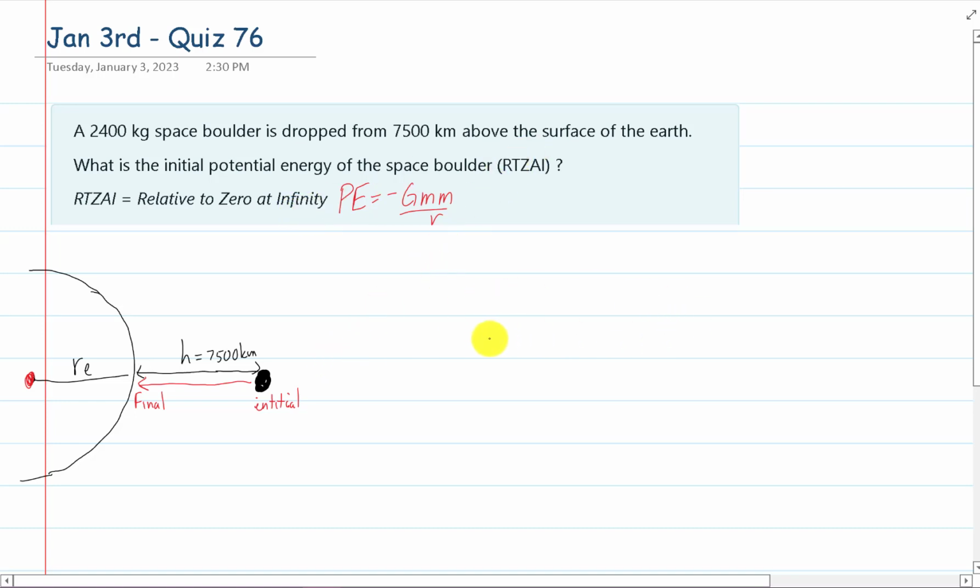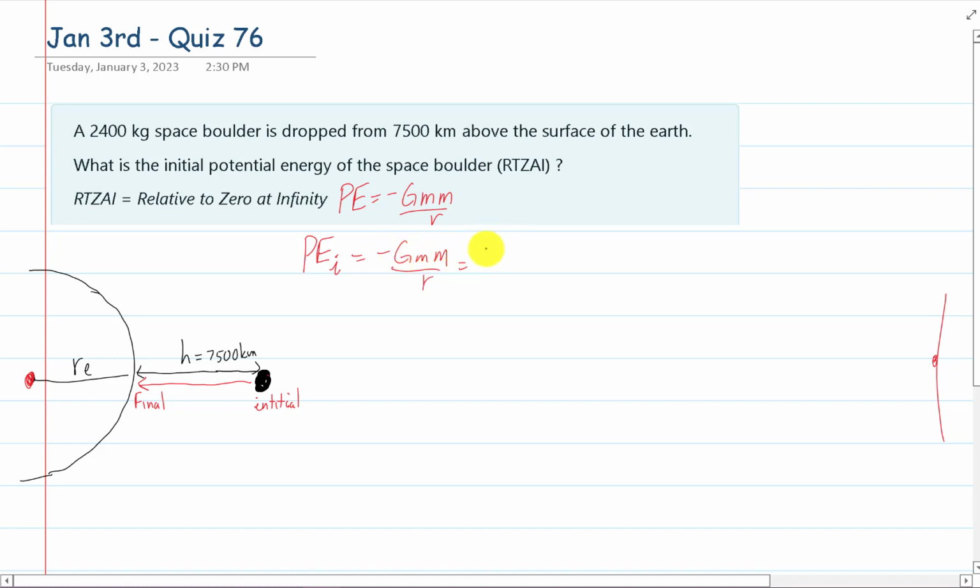So we have infinity way out here, and we have a distance out here, and the potential energy loss from infinity to here will be a negative GMm over R. So we calculate the potential energy initial, which will be negative GMm over R.